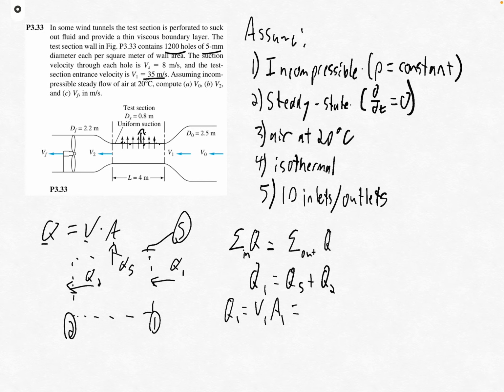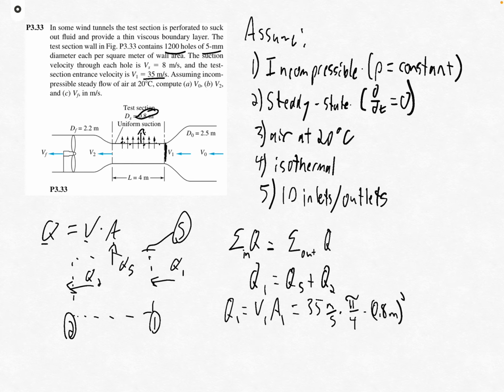V1 is given as 35 meters per second. And we know the diameter at this section 1 is going to be 0.8 meters. And so we're going to have pi over 4 times 0.8 meters squared.